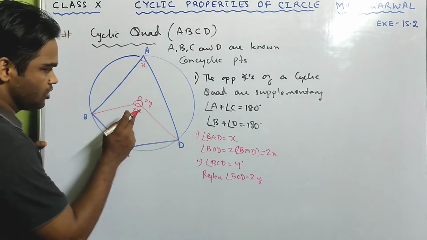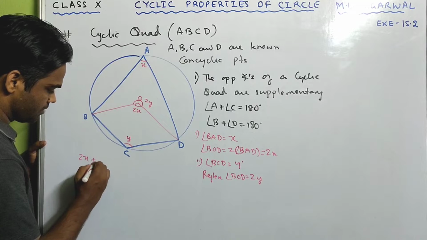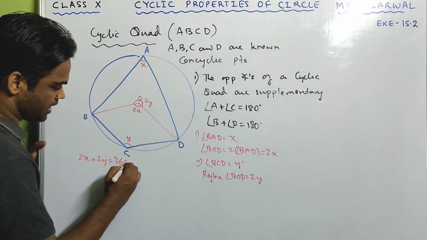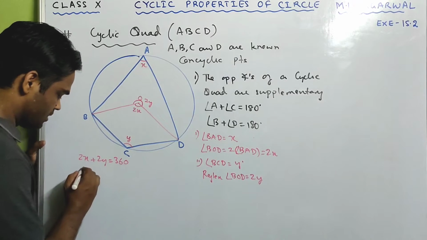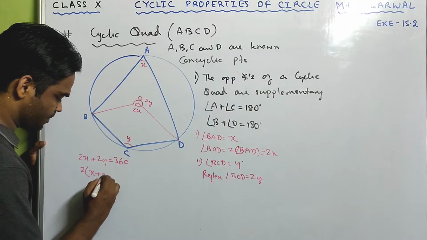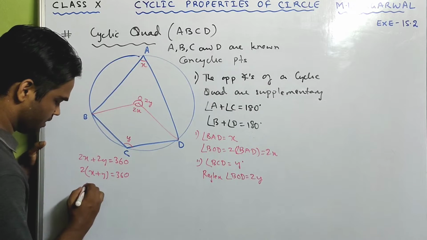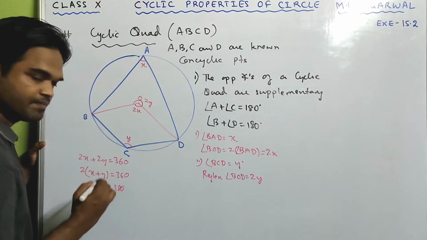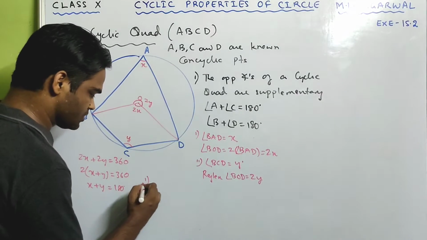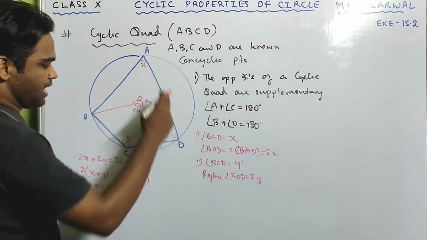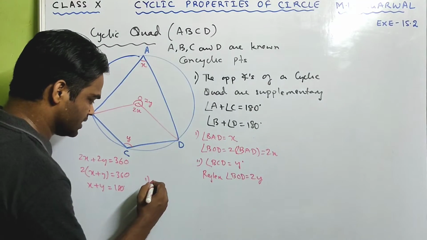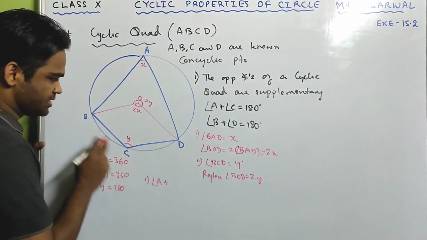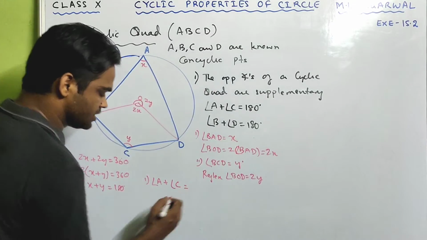Now look carefully. 2x plus 2y is 360, angle at a point. Taking 2 common, x plus y is 360 by 2, that is 180 degrees. Now look carefully: angle BAD, which is angle A, plus BCD, which is angle C, is equal to what?